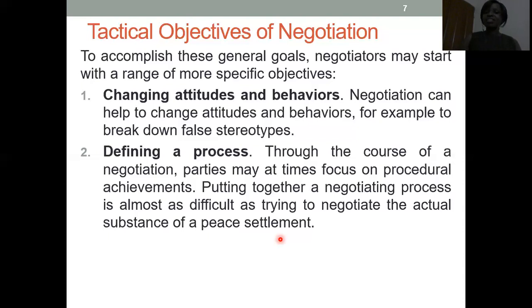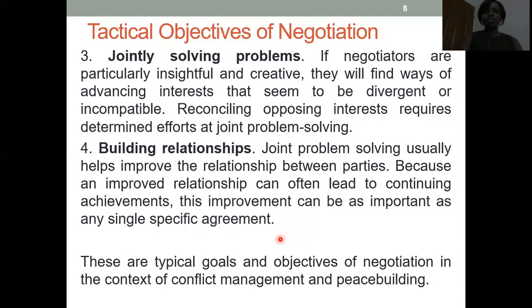So planning involves procedure, phases that you're going to put in place, stages in negotiation: I'm going to start with this, then go to that, then go to that. So you have to plan how your negotiation is going to go. You're going to put together what you call a negotiating process before you come to the table.